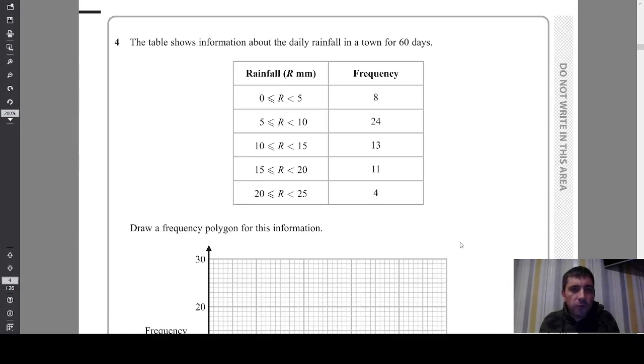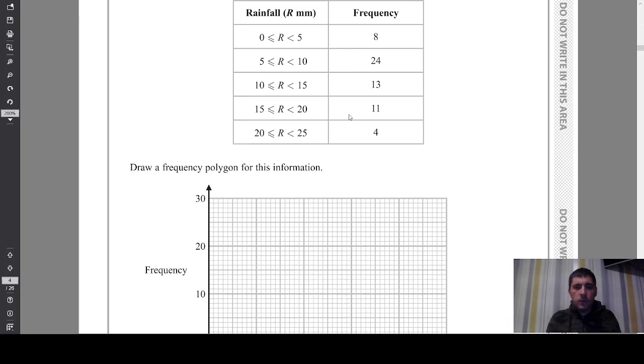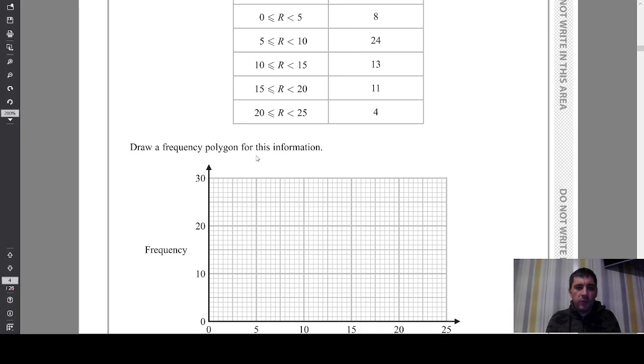Table shows information about daily rainfall in a town for 60 days, so always check for key information. So 60 days of rainfall, we've got frequency, we've got ranges of rainfall. Okay, so let's check what the question asks us to do. So draw a frequency polygon for this information.